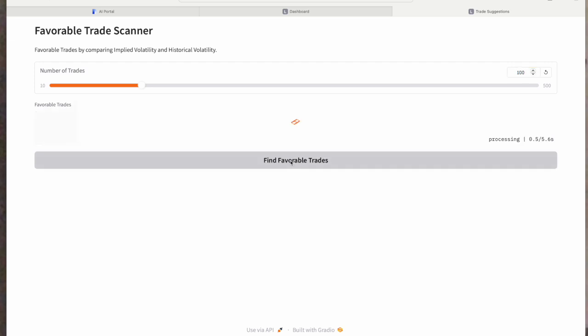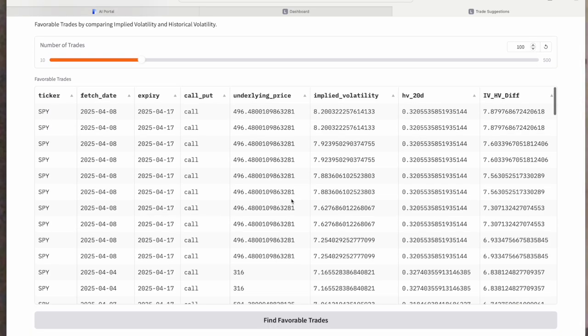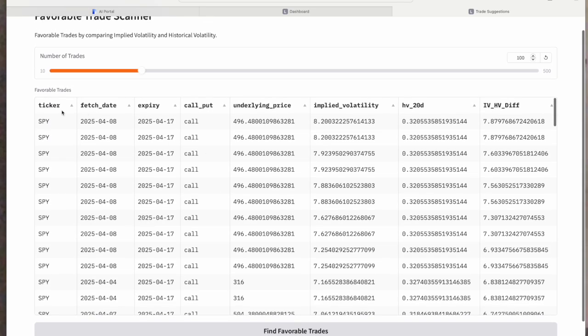There's some logic built in behind this on the volatility and the limits, and that's the beauty of this thing, is that you program it and it will tell you here's the ticker, here's the fetch date for this contract, and it expires on 4/17 in just 2 days now. It's a call, the underlying price, the implied volatility, the historical volatility for 20 days, and the implied volatility versus the historical volatility difference. So you take this, subtract that, and you'll get this number, but this is important to finding favorable trades.